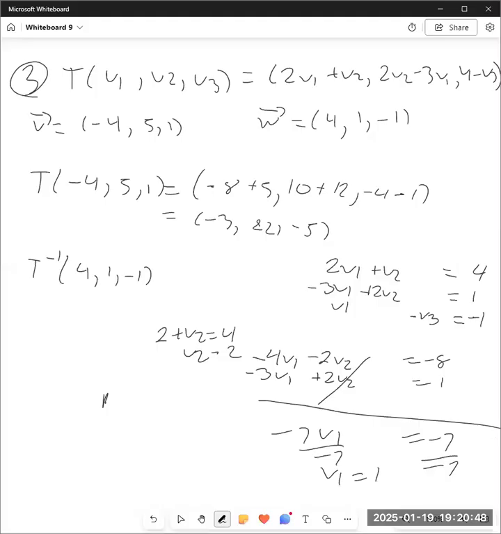And 1 minus V3 is equal to -1. Negative V3 is equal to -2. V3 is equal to 2. So my preimage here should be 1, 2, 2.